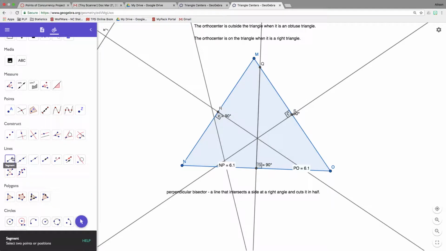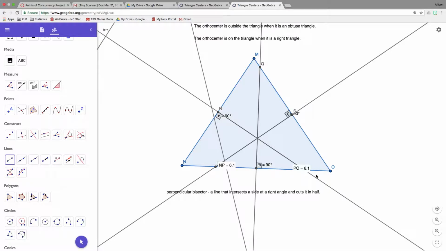What you need to do is hide this line, but we don't want this line to disappear from our triangle. So you've got to make a segment from there to there, and also another segment. Create these segments.